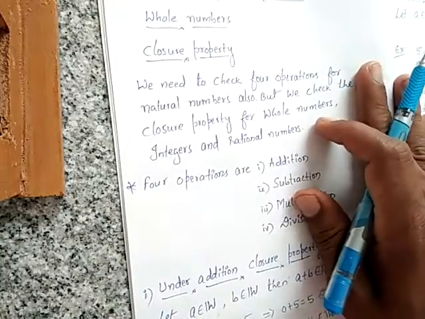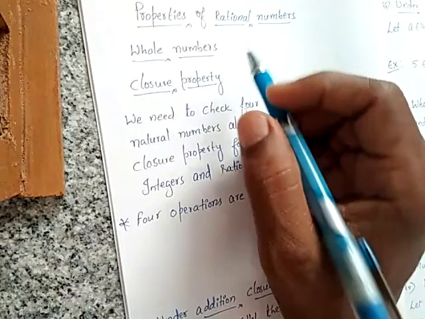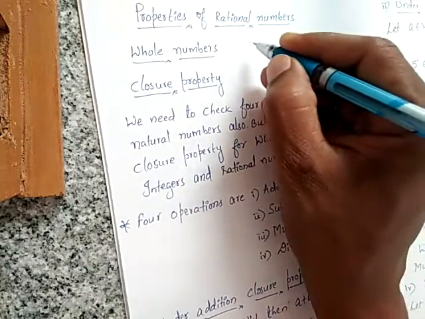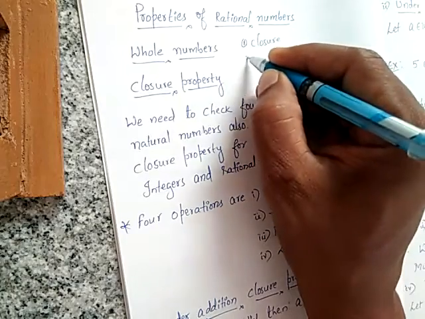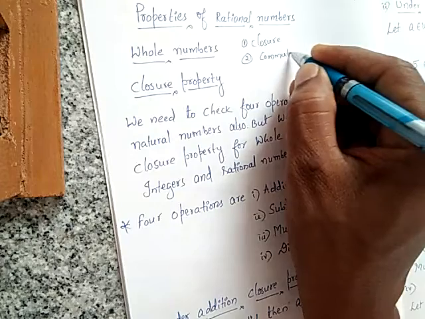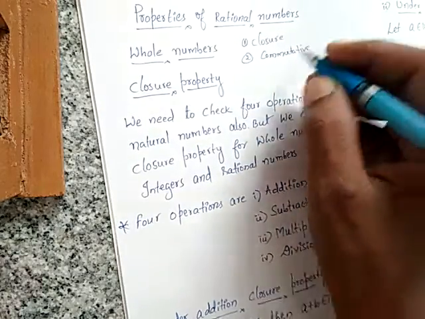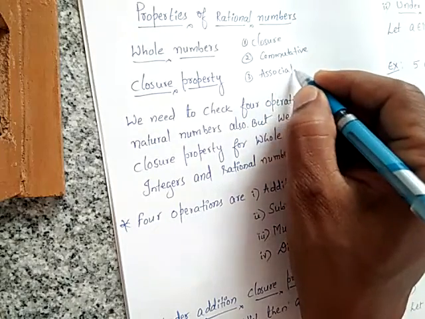Next page we will go here, my dear students. In 8th standard, they have mentioned the properties of rational numbers. One is closure property, second is commutative property, third is associative property.